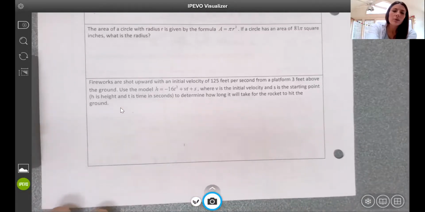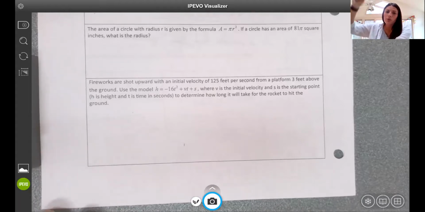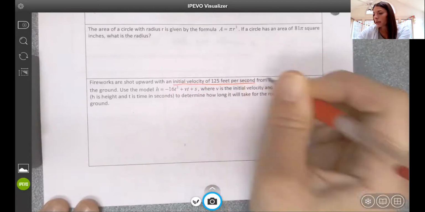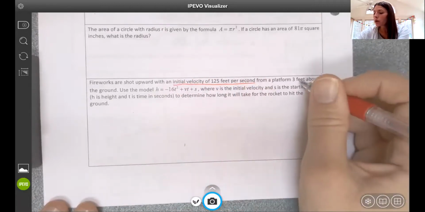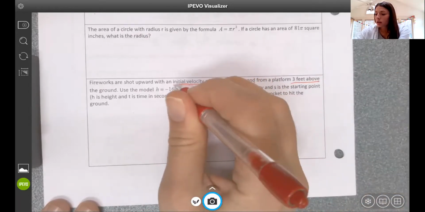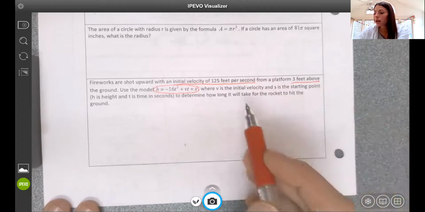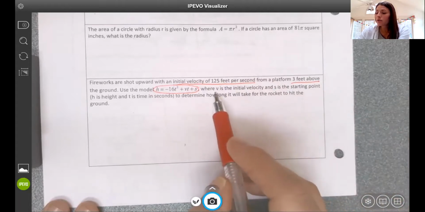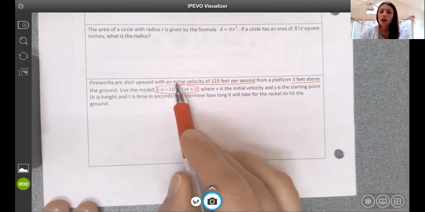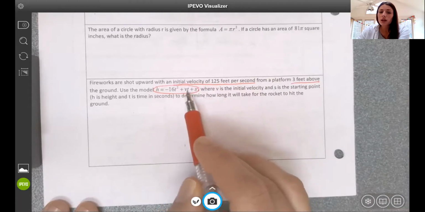So let's highlight what we're given here. There's fireworks. We shoot the firework up at an initial velocity of 125 feet per second from a platform that's 3 feet above the ground. And we want to use this model, where V is the initial velocity. So I need to substitute in that the initial velocity is 125 into my equation.